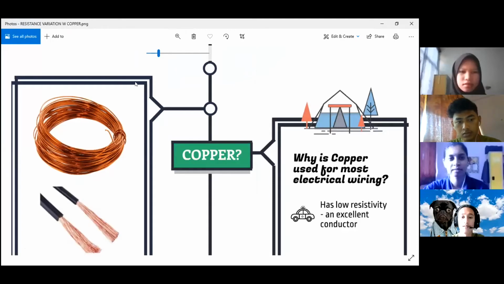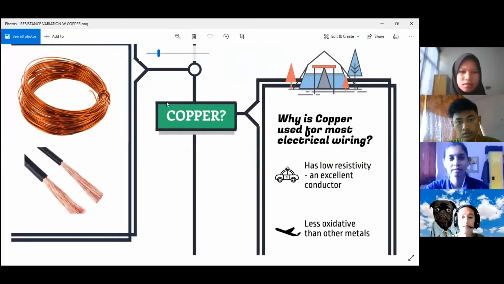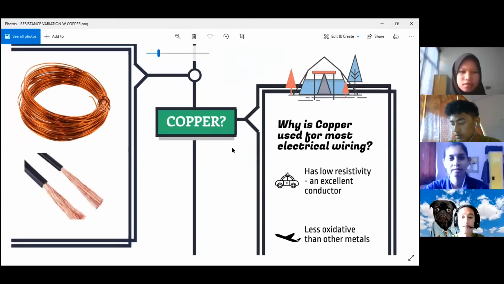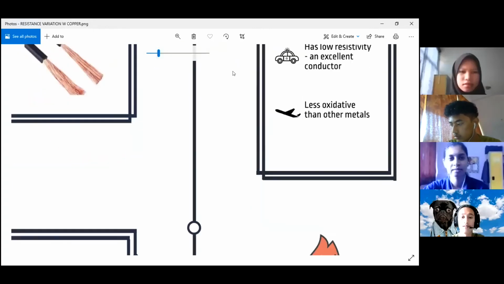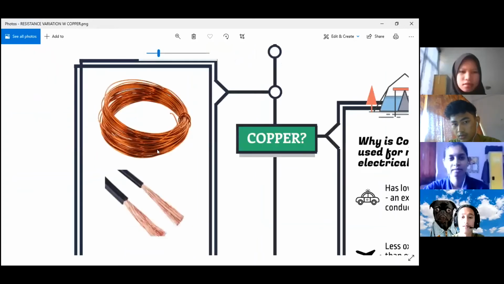Have you ever wondered why copper is used for most electrical wiring? This is because copper has low resistivity and is an excellent conductor. Plus, copper is less oxidative than other metals. This is copper wiring.